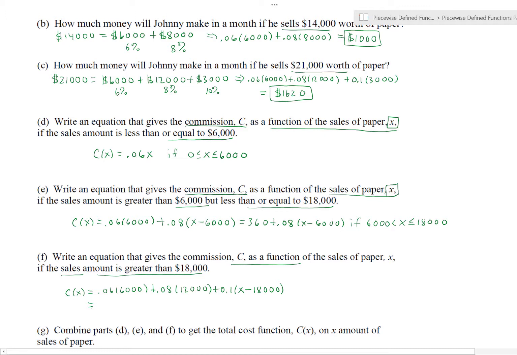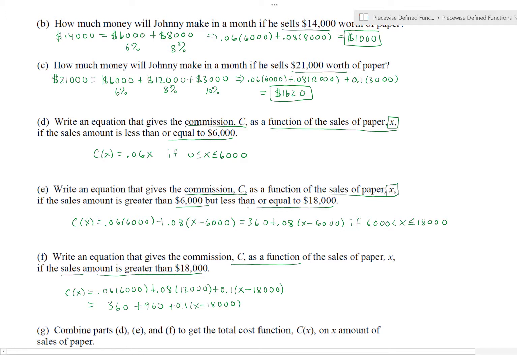If you add together the first two terms there, that is going to give us $360 plus $960, and then plus 0.1 times X minus 18,000.